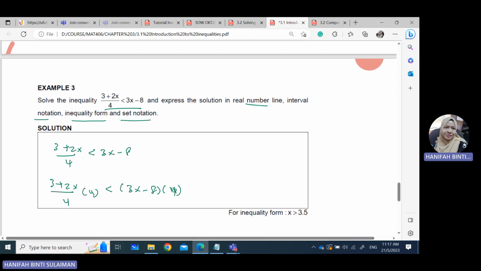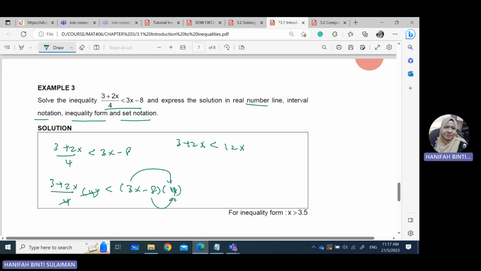So tak perlu tukar. Okay, so selesaikan. So untuk yang ini kita boleh selesaikan lah. We can simplify for this one. Then here we have 3 + 2x less than 3x times 4, we have 12x. Negative 8 times 4, we have negative 32.